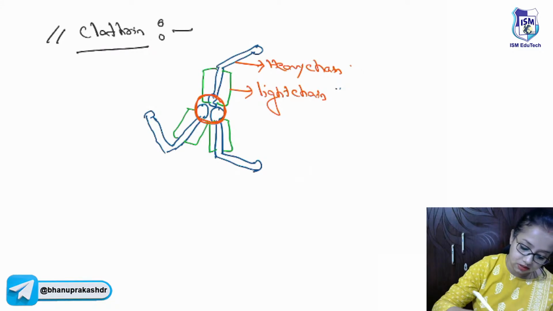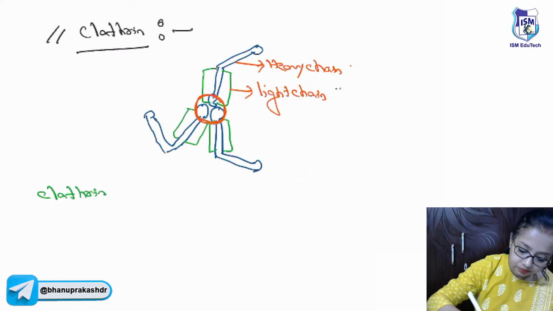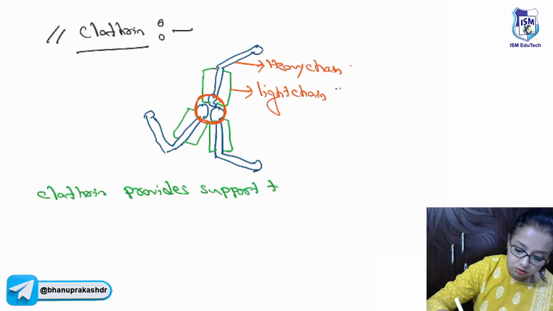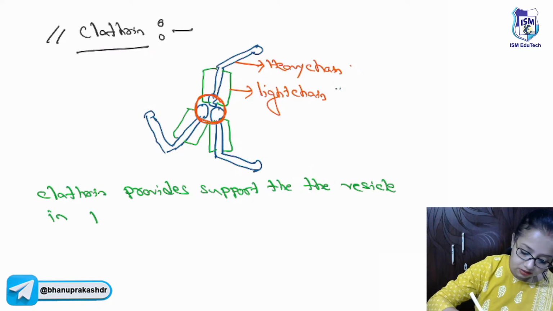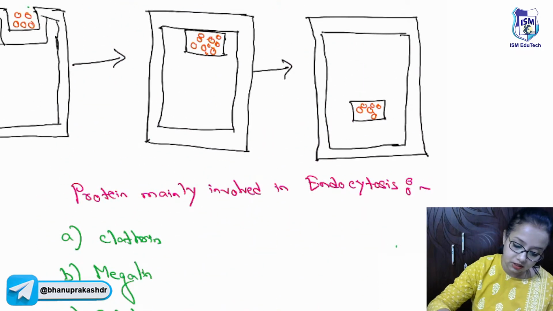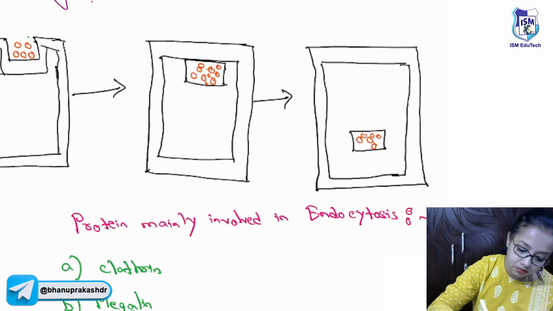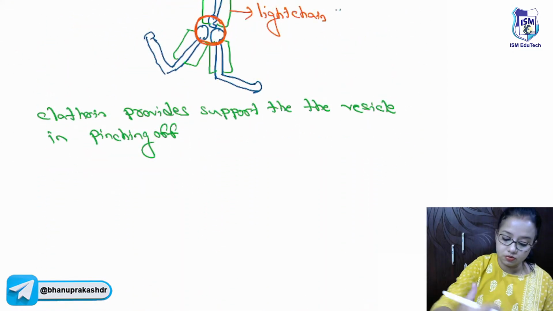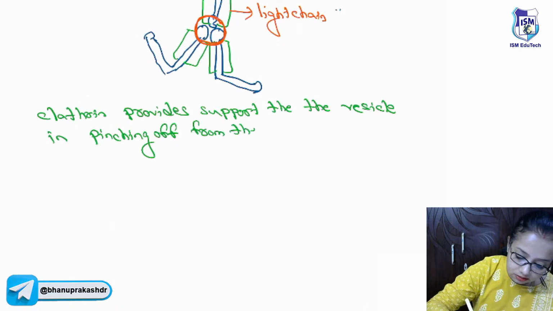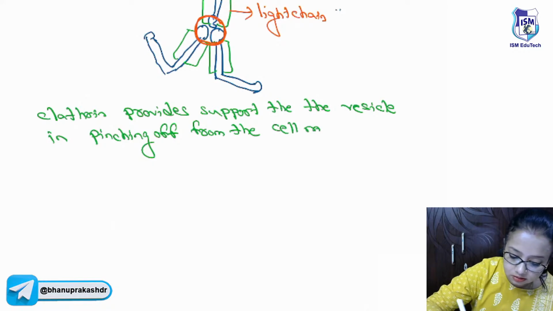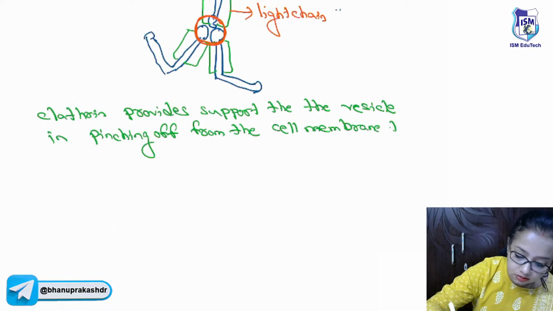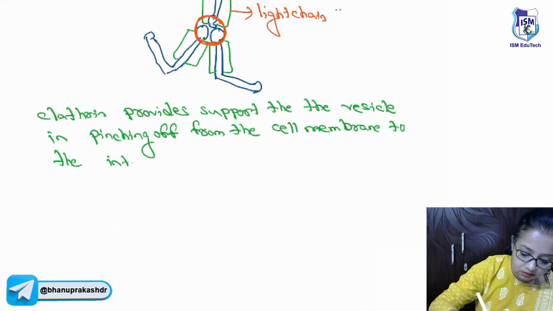So this clathrin provides support to the vesicle in pinching off, moving away from the cell membrane to the interior.